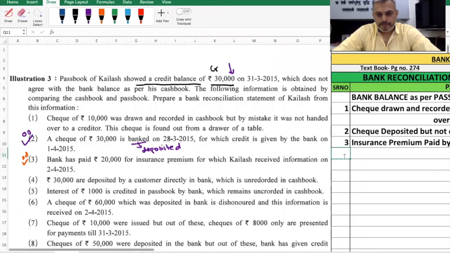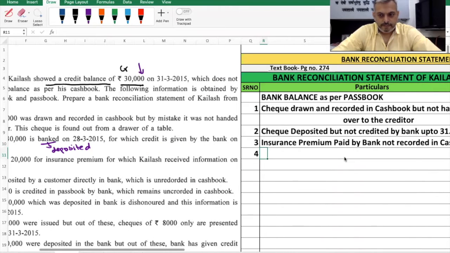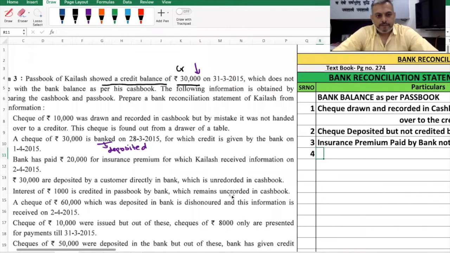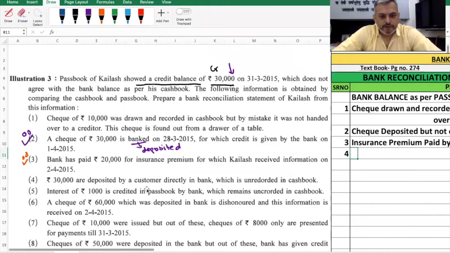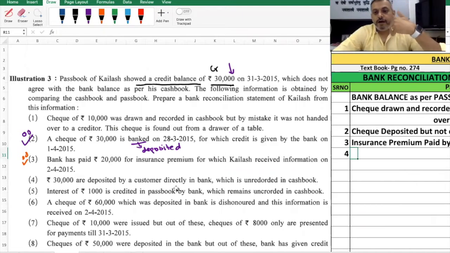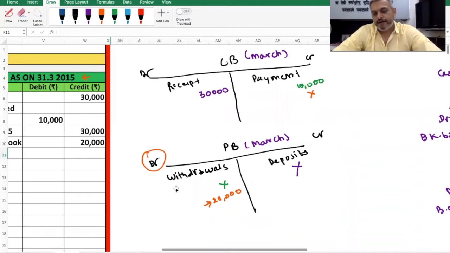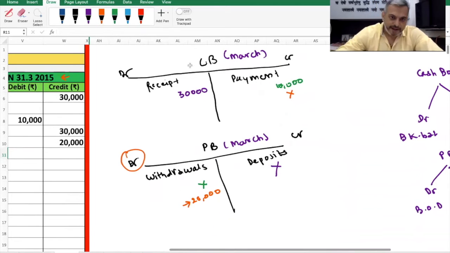Fourth, 30,000 are deposited by customer directly in the bank, which is unrecorded in cash book. Now 30,000, our customer went and directly deposited the amount in our bank account.